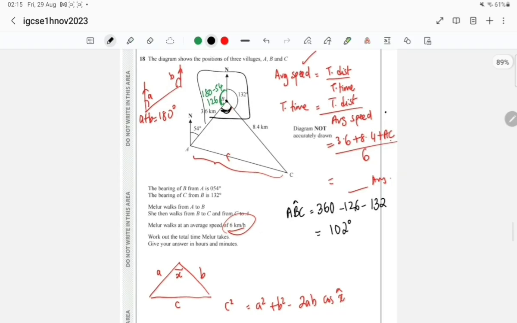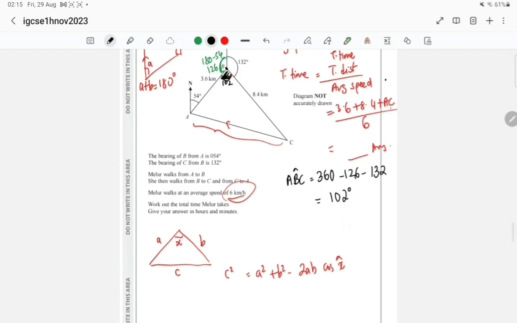Now, since I have this angle now as 102 degrees, I can replace it in the cosine formula to find my AC. So AC squared would be 3.6 squared plus 8.4 squared minus 2 times 3.6 times 8.4 times cos of 102.